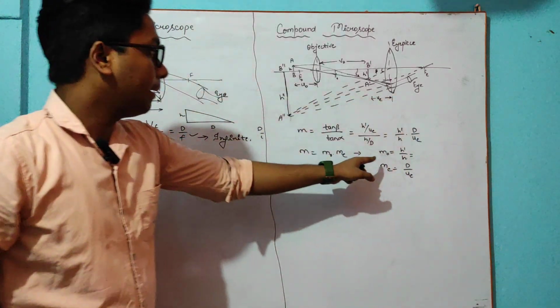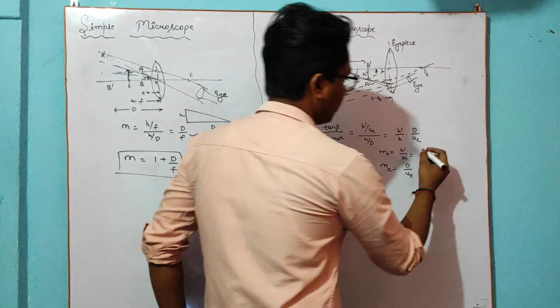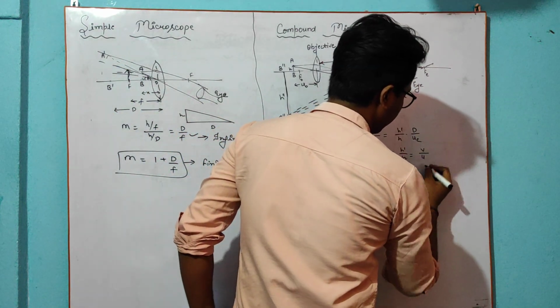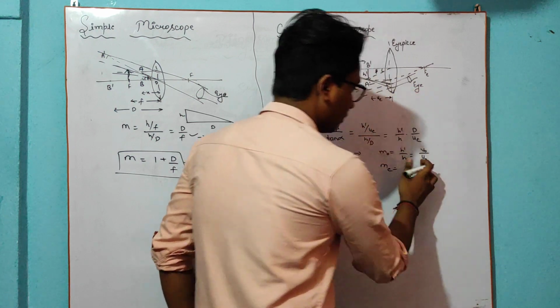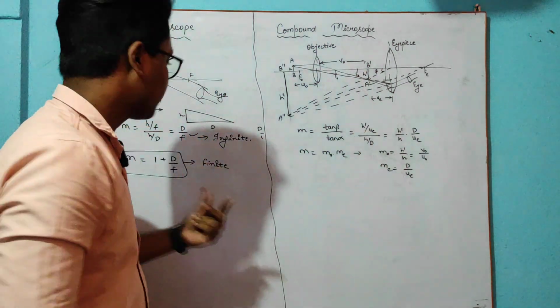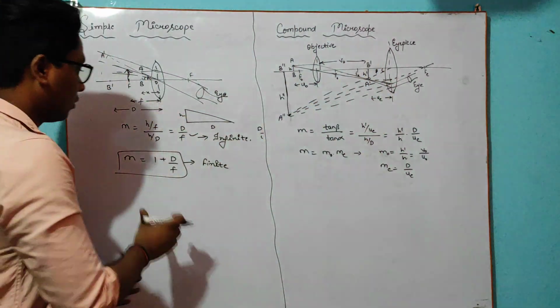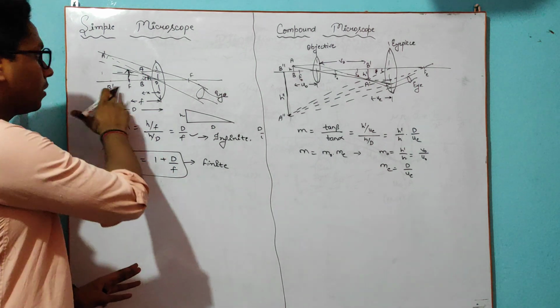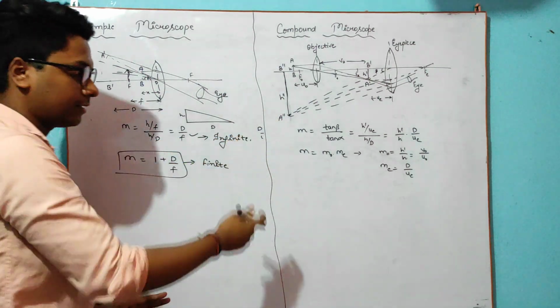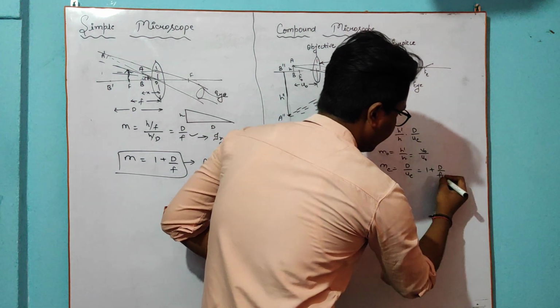Now, for m naught, we can also write h dash upon h is equal to v by u, v naught upon u naught. Okay, and this eyepiece now acts as a simple microscope, and the magnification for a simple microscope is what? 1 plus d by f for a finite image. So it is equal to 1 plus d by fe.